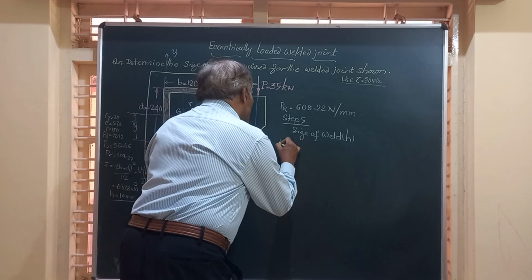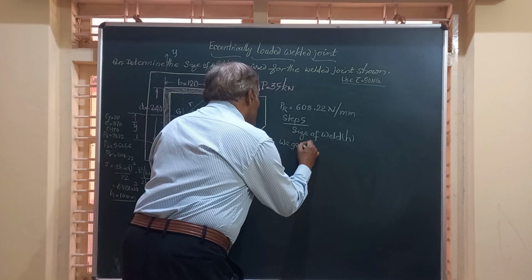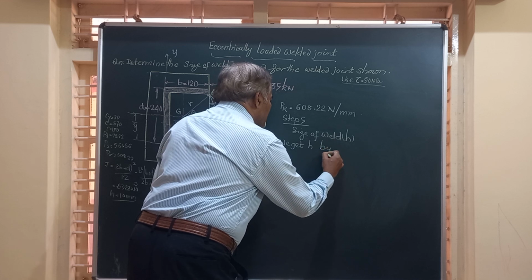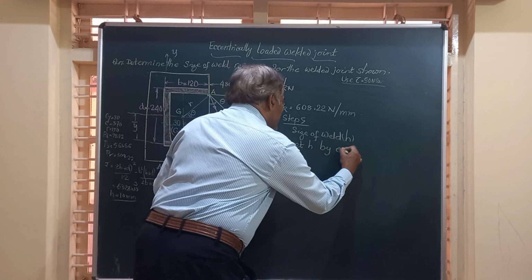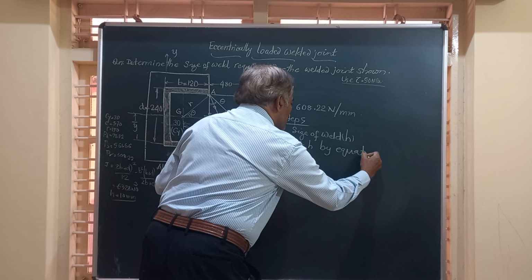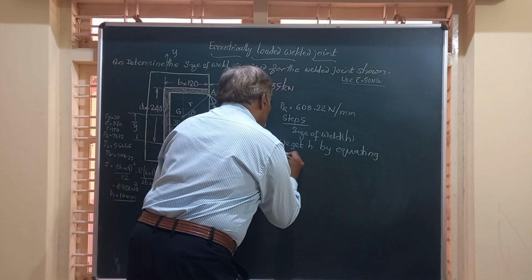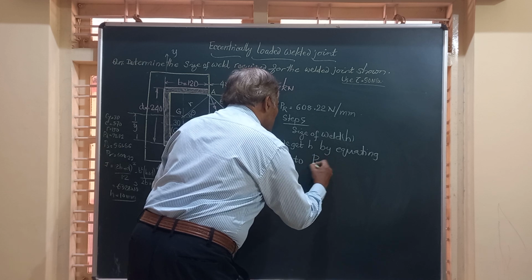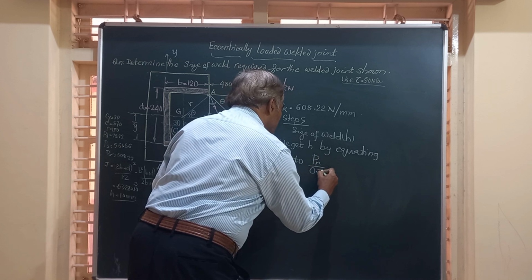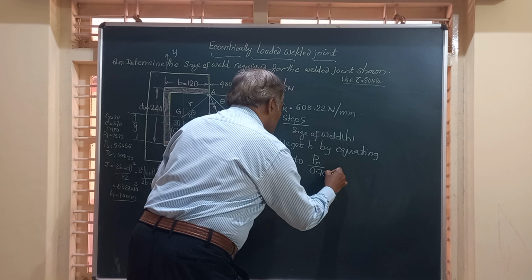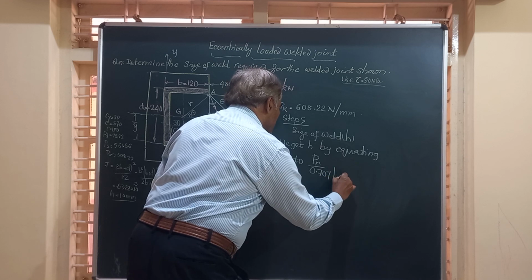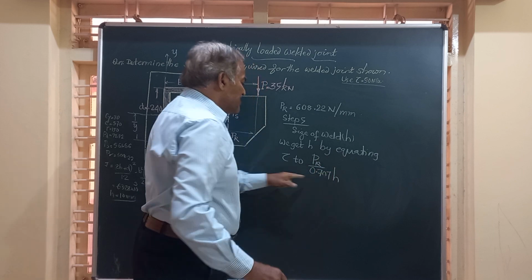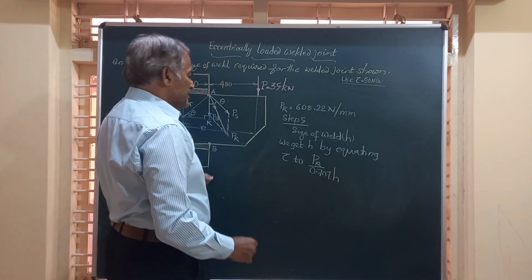We get H by equating tau to PR divided by 0.707 into H. So resultant load PR, and this is the throat thickness 0.707 H.